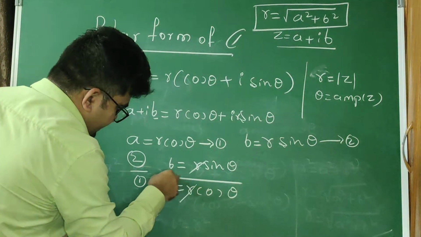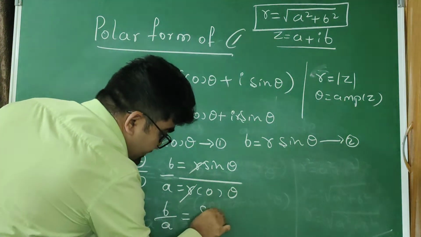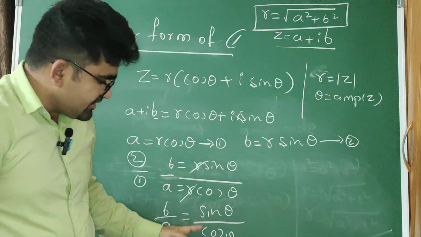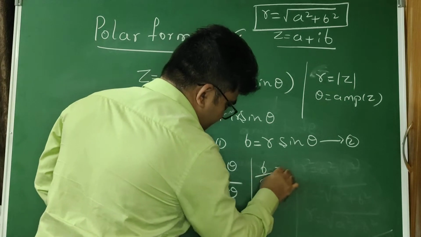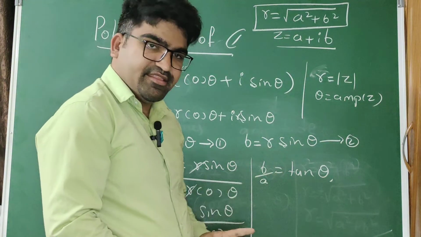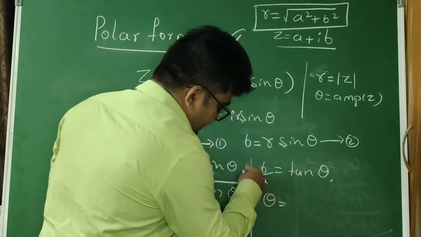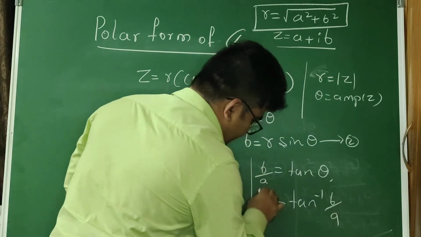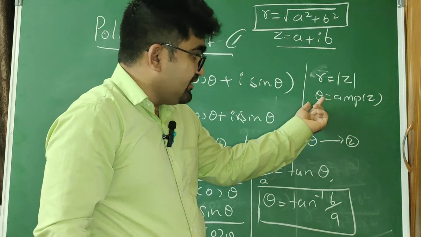Now on the left hand side we have b by a, which is equal to sin theta by cos theta. What is sin theta by cos theta? That is nothing but tan theta. So b by a is equal to tan theta, but we need only theta. Shifting this to the other side, theta is equal to tan inverse of b by a. This is our amplitude, that is the theta value.